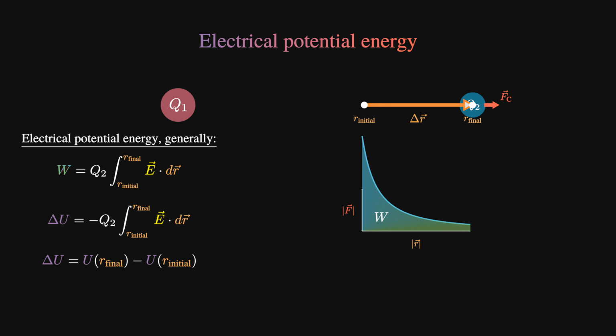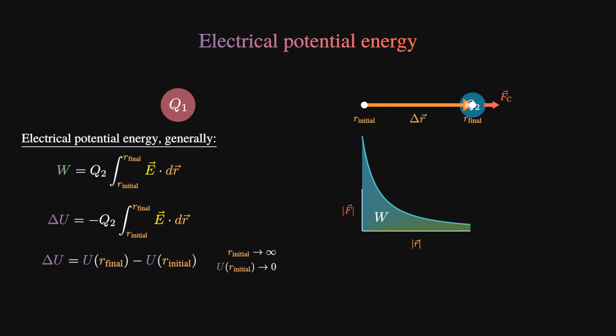But what if we could choose a point in space where we knew the electrical potential energy would be zero? Well, this is a tricky task, as if you recall from lecture 2, every charged object in the universe is connected to every other charged object. But we can also say that as we move a charged object infinitely far away from another, its interaction will approach zero.